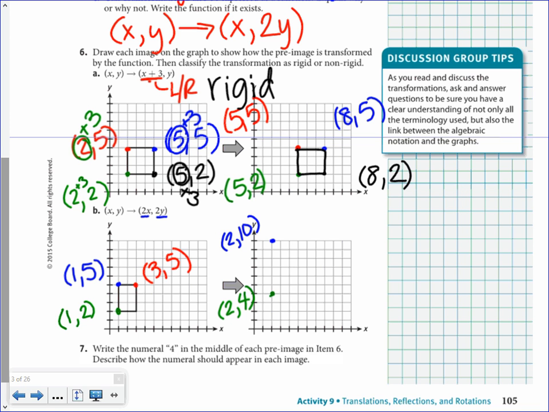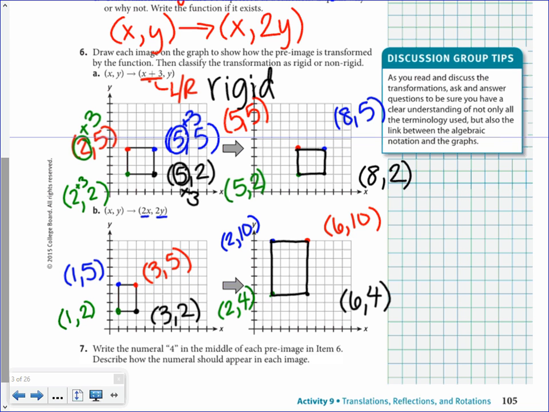So when I take that and multiply them by 2, I'm going to have 6, 10. So that is where my top right corner of my rectangle will go. And then the last corner that I have is the bottom right vertex. It is currently located at 3, 2. So when I multiply both of those by 2, I get 6, 4, which is going to be right here. And so this is my new figure.